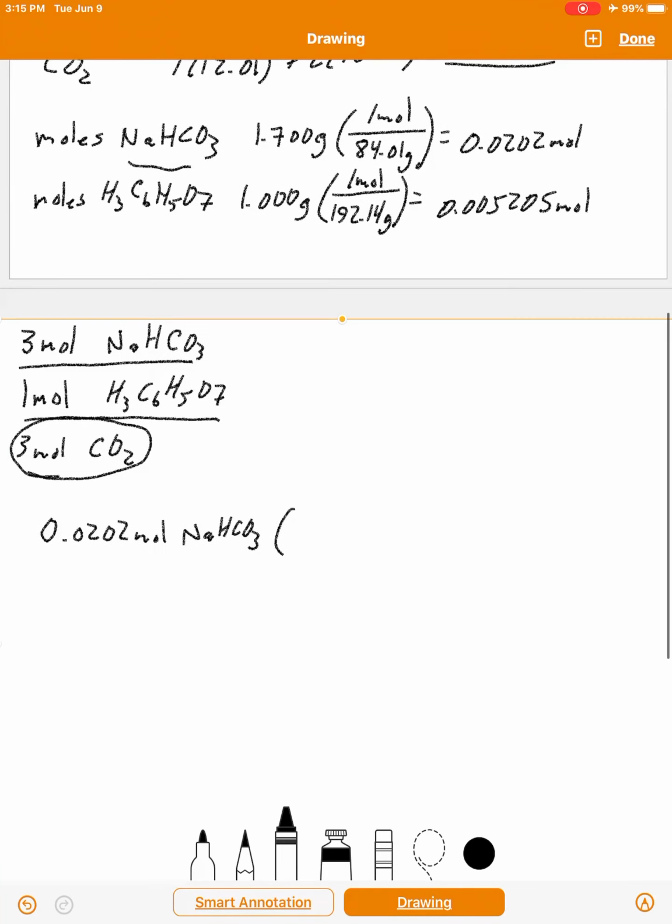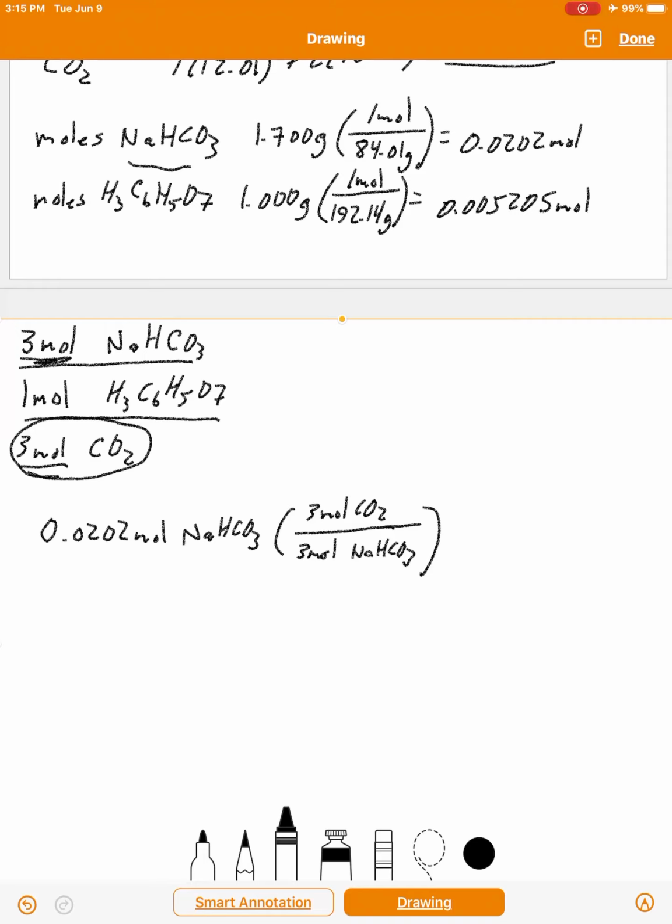And it's 3 moles of CO2 for every 3 moles of sodium bicarbonate. Right? It'd be like this. If I said, hey, I have 3 wheels, how many tricycles can I make? It's 1, right?